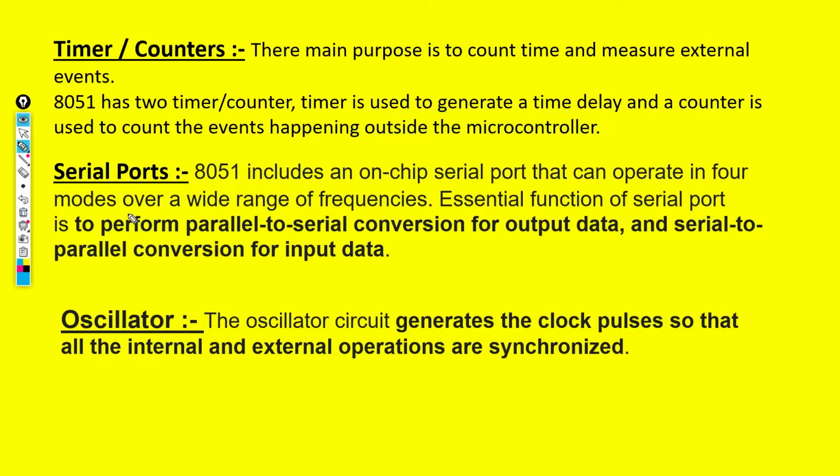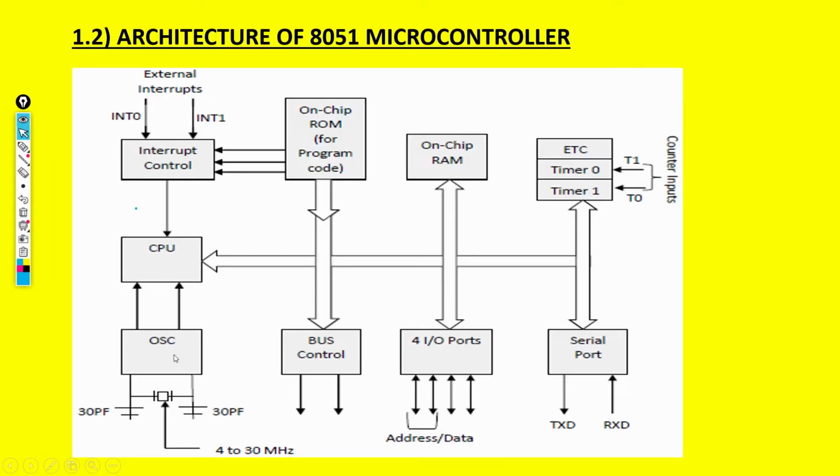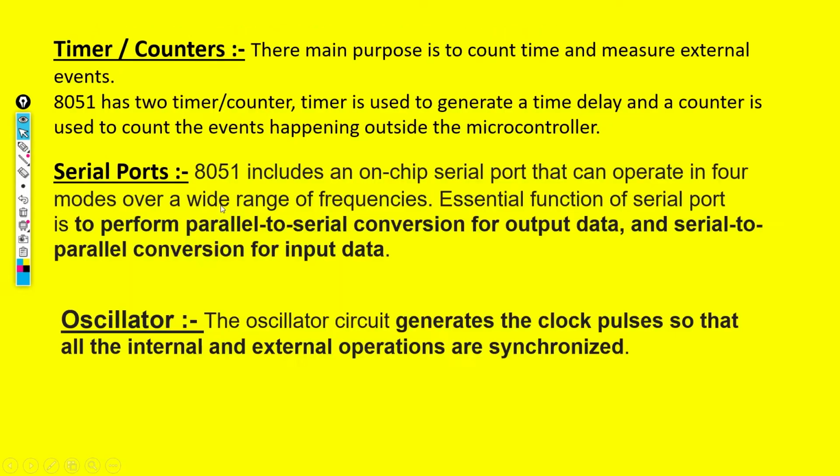As I have told earlier, there are two things going on simultaneously: the thing which is going on outside the microprocessor and the operation which is going on inside the microprocessor. And the oscillator will synchronize both of those, which means both will work at the same time.